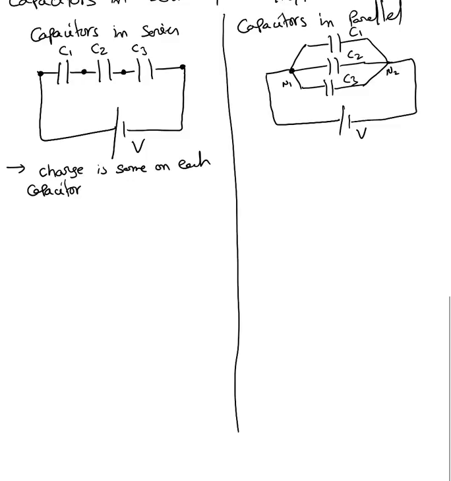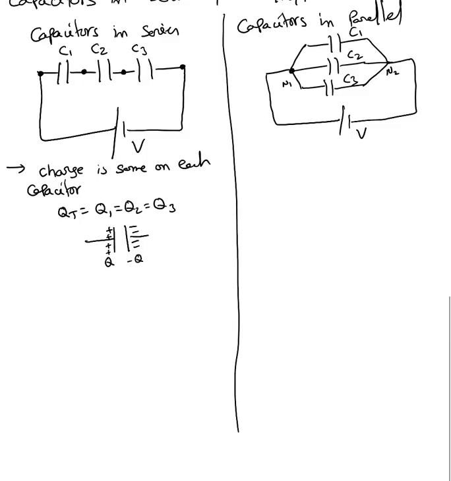That indicates that, for example, if this voltage source is supplying Q total, that Q total is the same as Q1, the same as Q2, the same as Q3. If we look at a capacitor, this plate has a positive charge of Q, and this plate has a negative charge of negative Q. Both plates will have the same amount of charge but opposite signs.